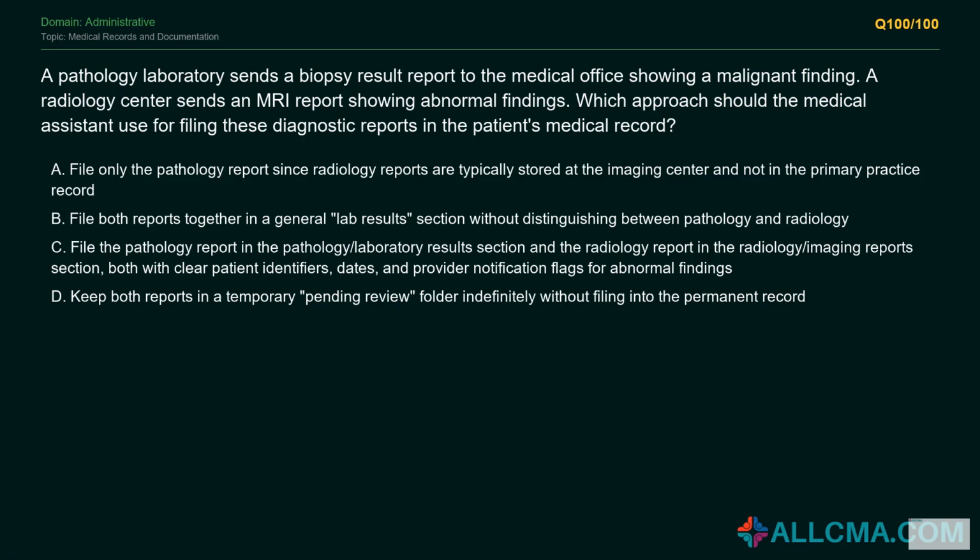Option B. File both reports together in a general lab results section without distinguishing between pathology and radiology. Option C. File the pathology report in the pathology/laboratory results section and the radiology report in the radiology/imaging reports section, both with clear patient identifiers, dates, and provider notification flags for abnormal findings. Option D. Keep both reports in a temporary, pending review folder indefinitely without filing into the permanent record.